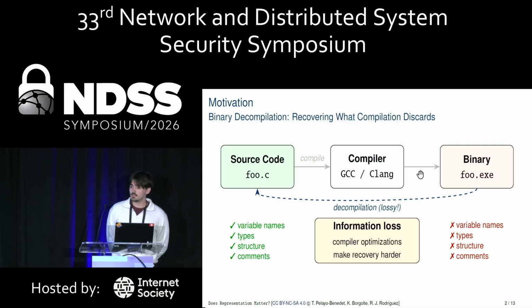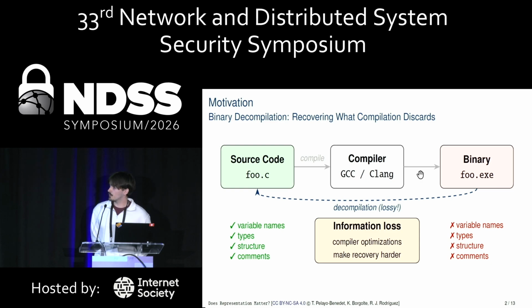Because of compilation, you lose some valuable information, such as variable names, types, structures, and comments, which are very important for decompilation, but you don't have them in the binary.